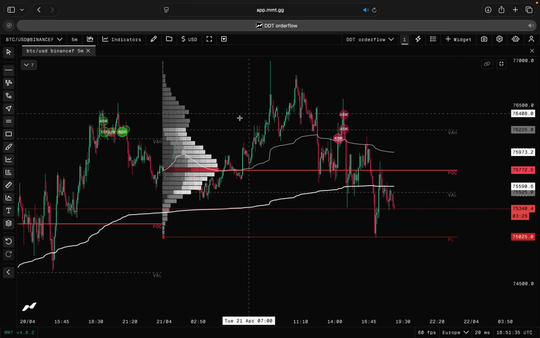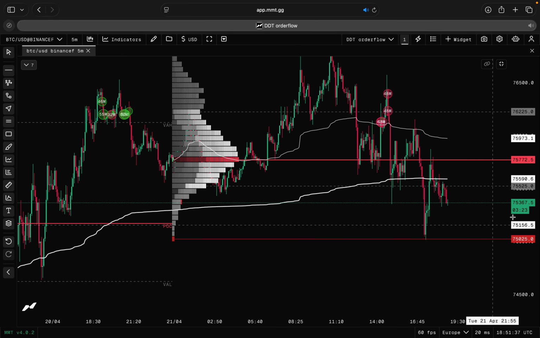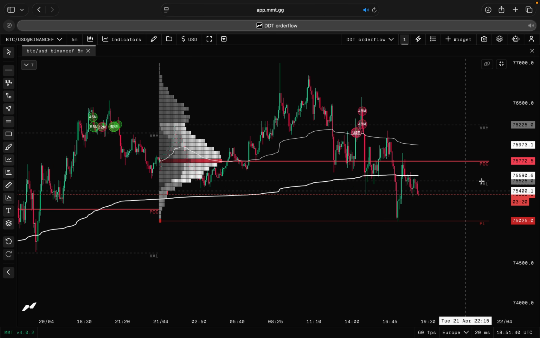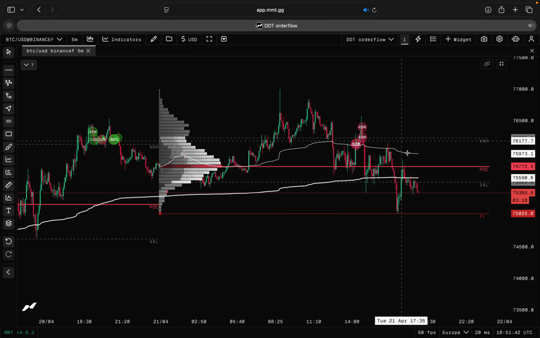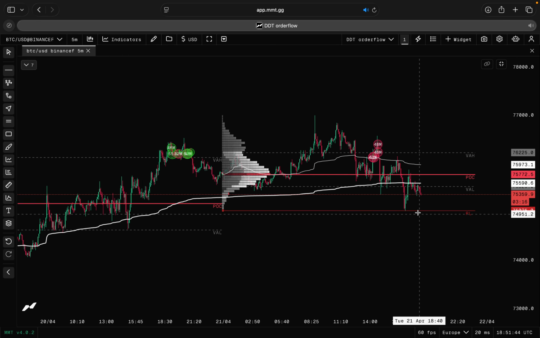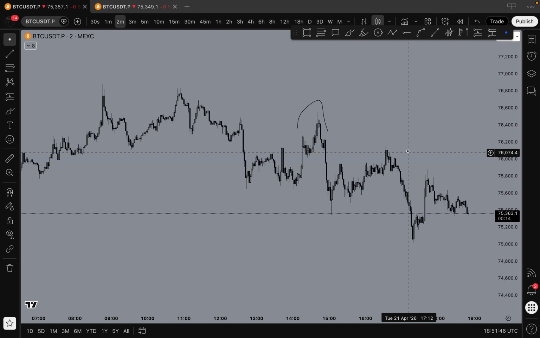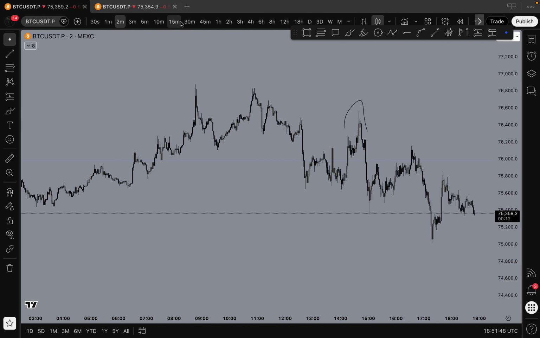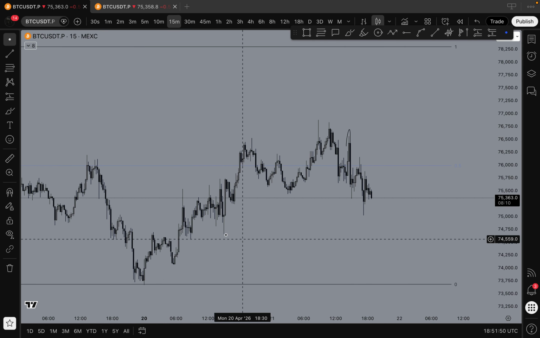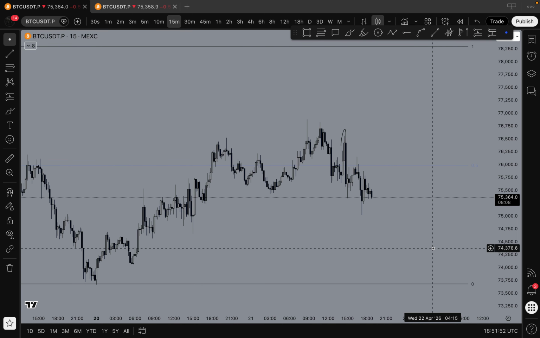Right now it looks pretty bearish, where we are going down. You have local structure going down, and I'm only interested if we go to the range lows.